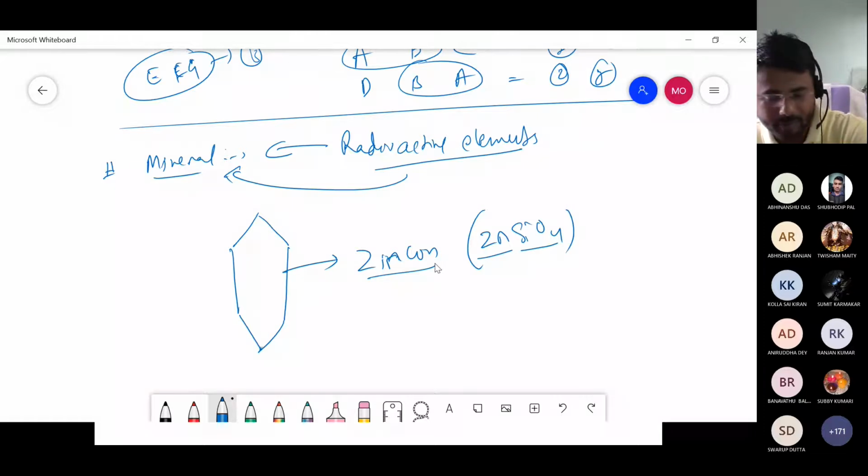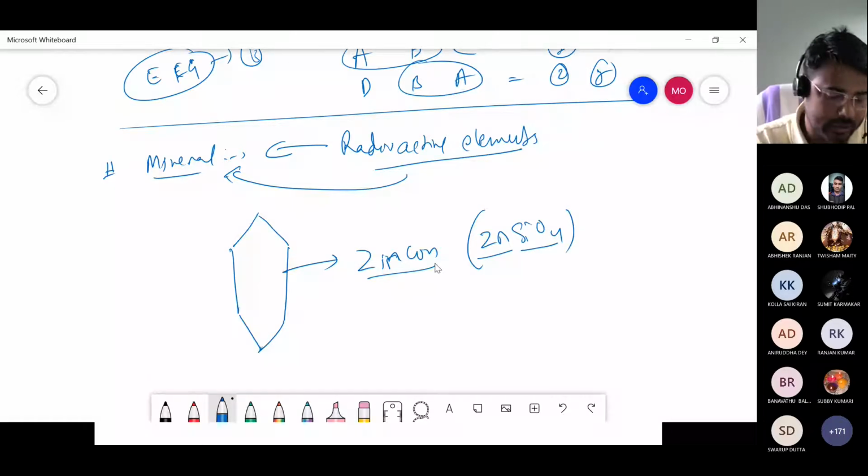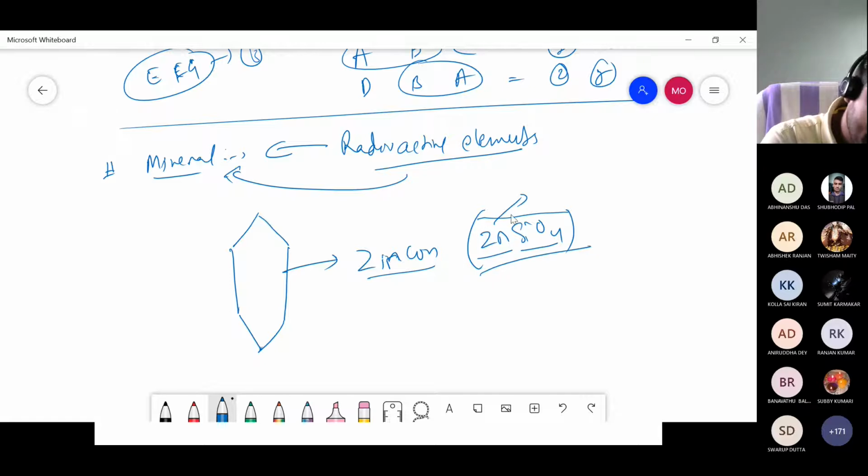Now you might be thinking, or if not, then let me ask you to think: if you see the mineral formula, there is no element representing a radiogenic isotope. Zirconium is not a radiogenic isotope. Silicon is also not a radiogenic isotope.